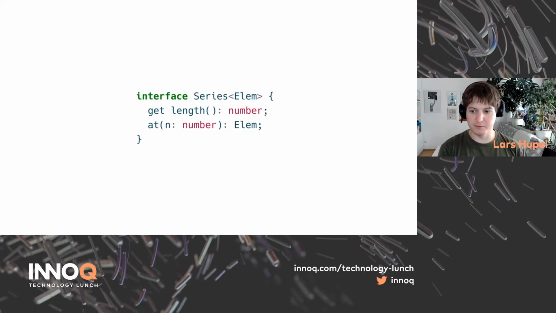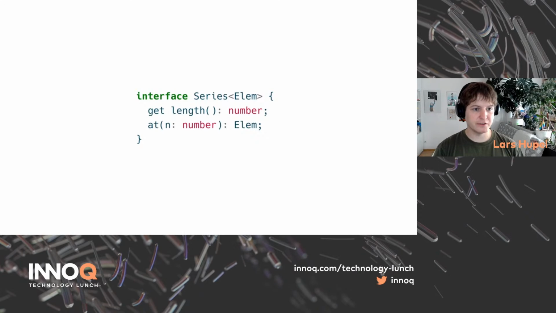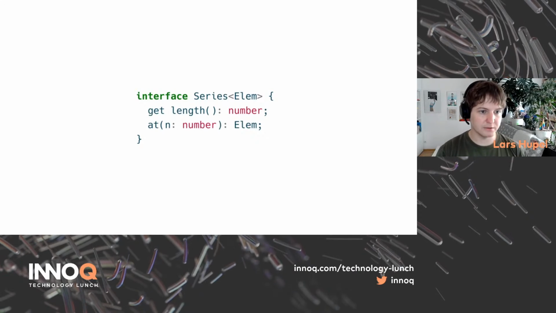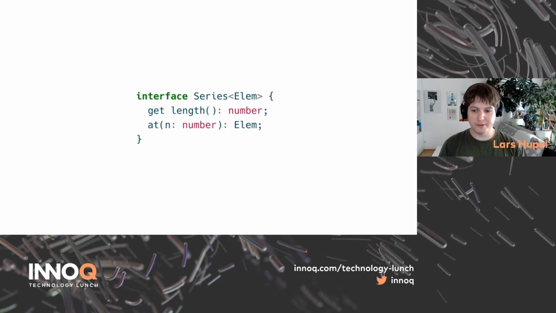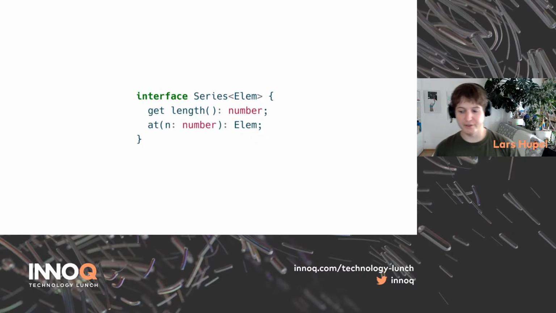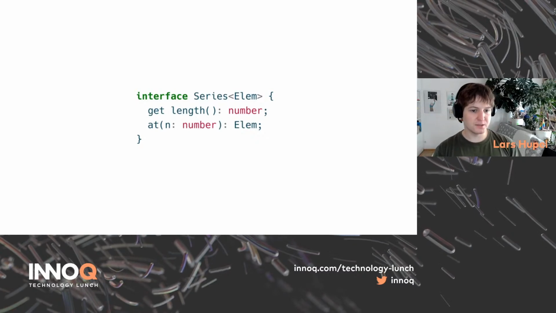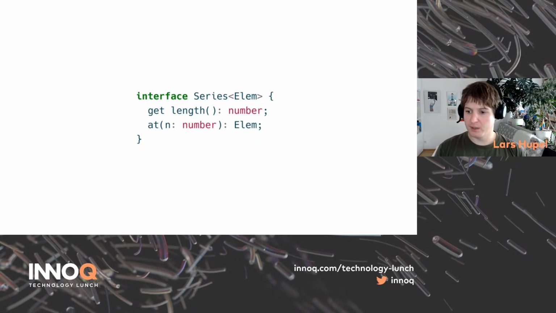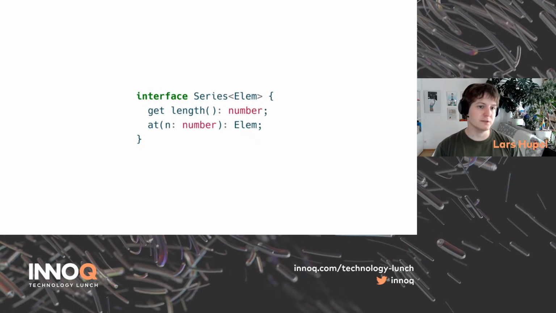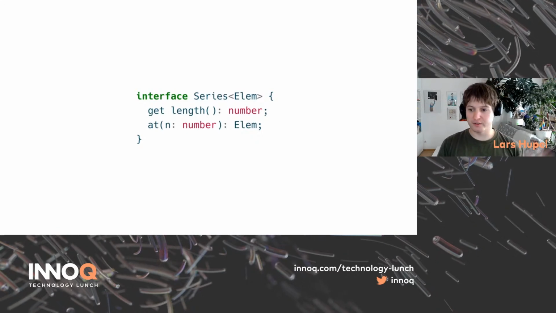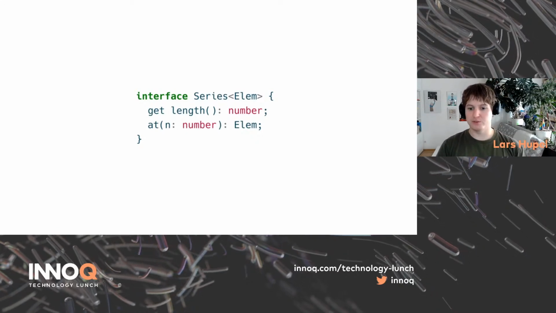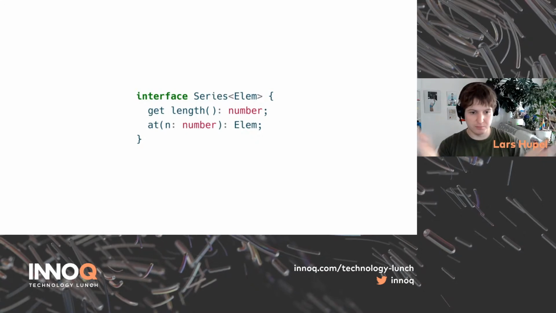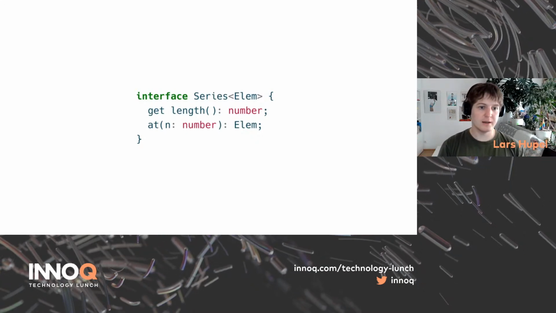Yeah, and then also you have a method that can access a particular element at a particular number. And I've already simplified this a bit because in reality, you would need to think about what is happening when you're accessing an element that's out of bounds. Now, if you were using the normal semantics of arrays in JavaScript, the answer would be just throw an exception, it's fine, or maybe just return undefined, it's fine. So depending on what you want to do.